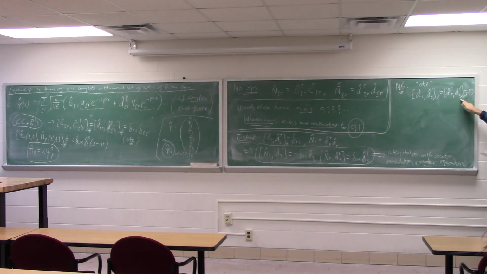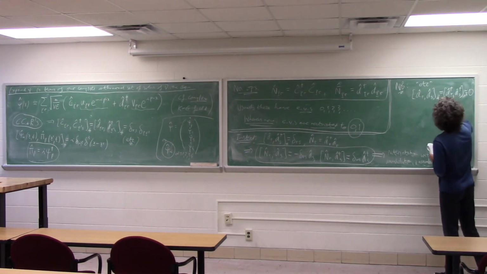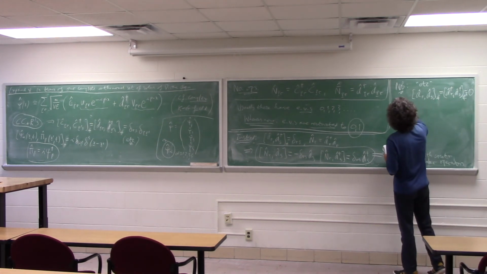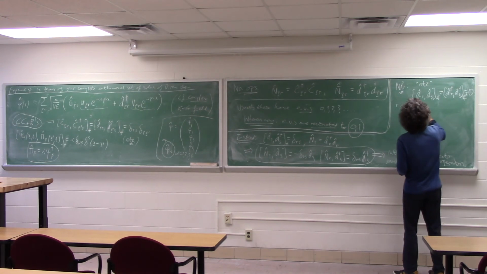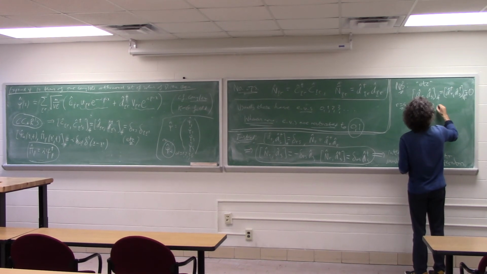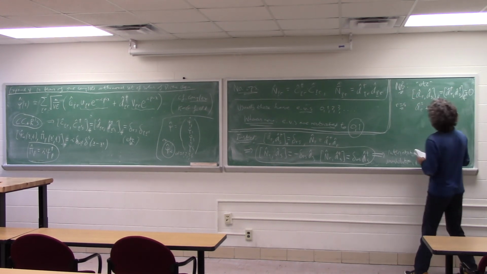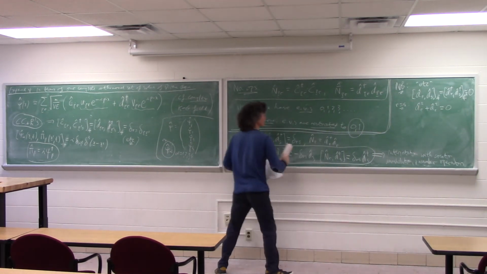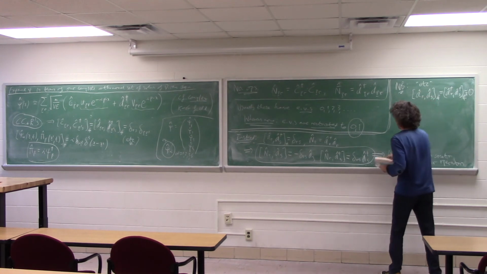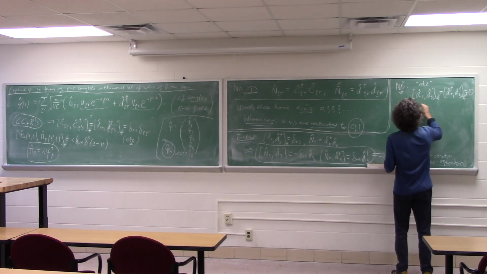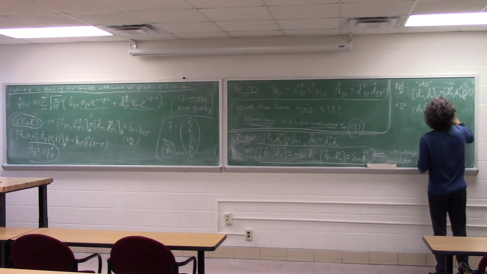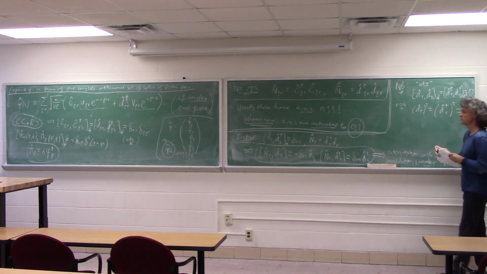The commutator of the A's and the A daggers is 0. We have anti-commutators. What does this imply? If you put R equals S, it implies that AR squared plus AR squared is 0. In other words, AR squared is equal to also A dagger R squared, and both are 0.